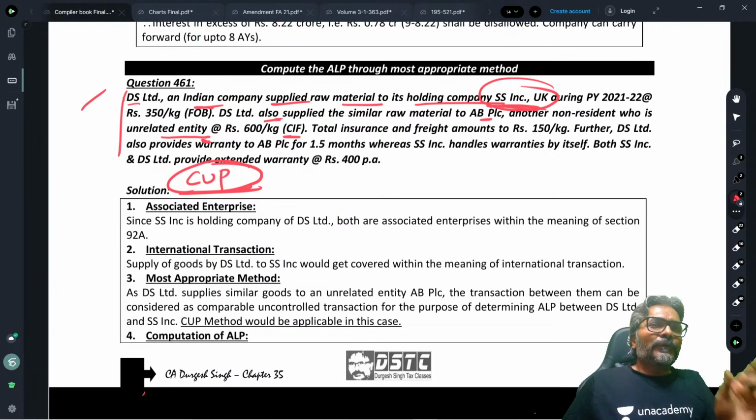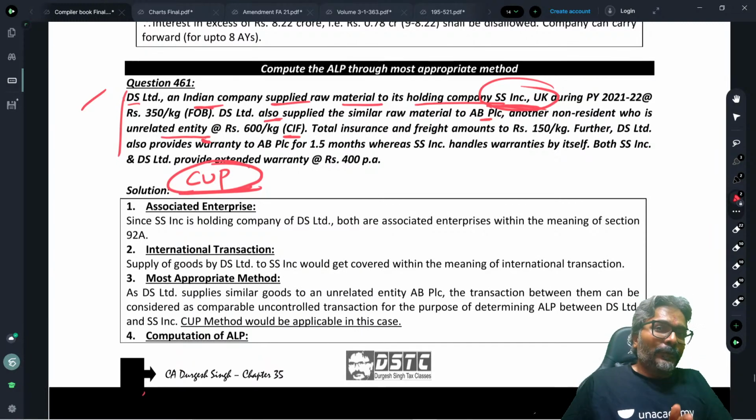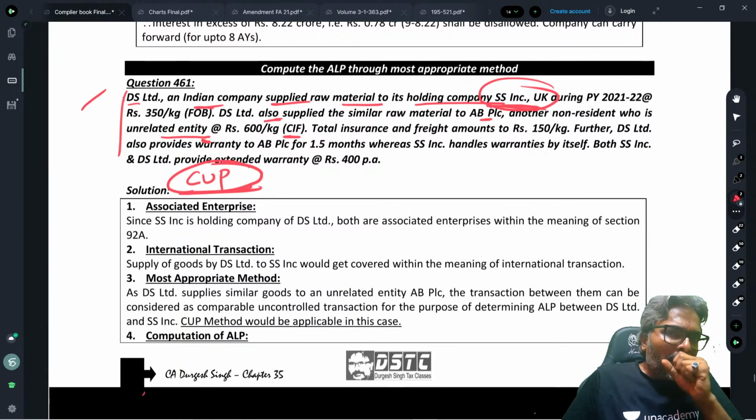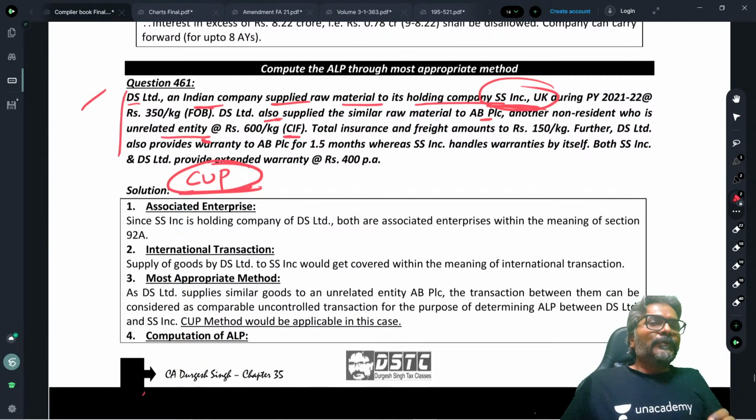What therefore do we need to do? In respect of the insurance and freight, what is it, students, that we need to do? We will have to remove the insurance and freight in this regard.